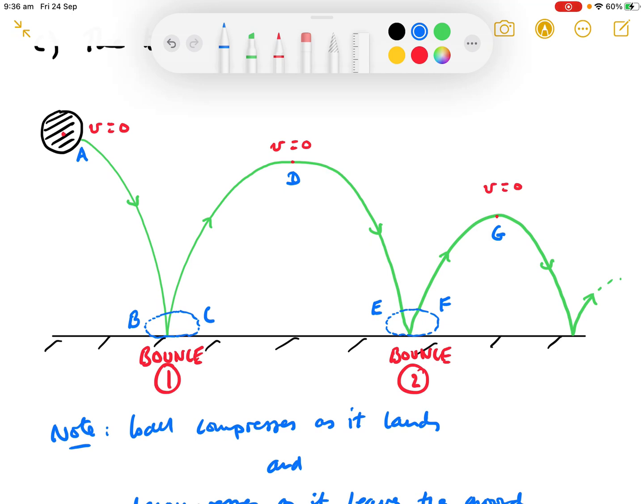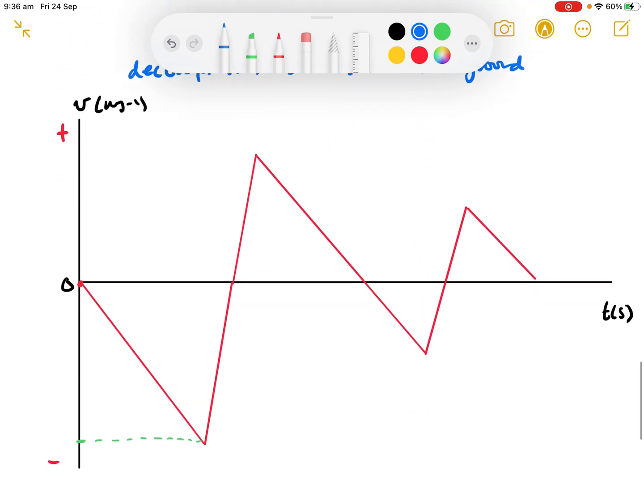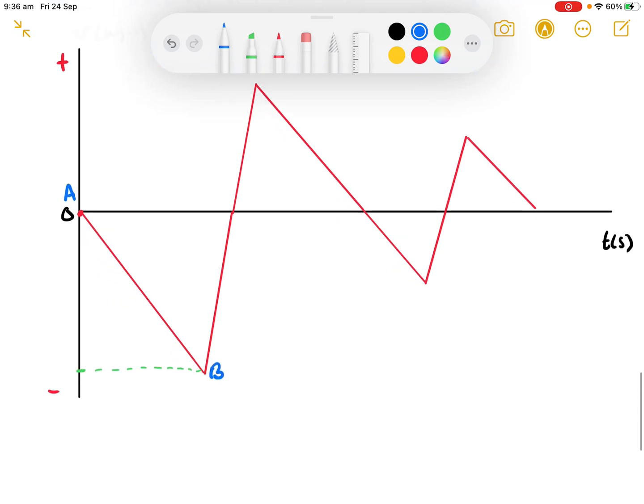I'm now going to put all of these letters on to the graph so that you can compare the two. So there's A, that's where the ball is dropped from, and then B is when it first contacts the ground.